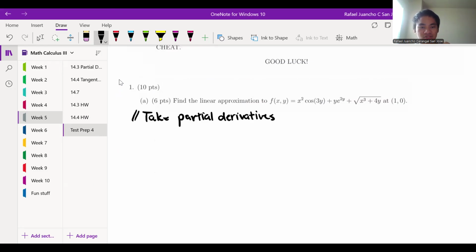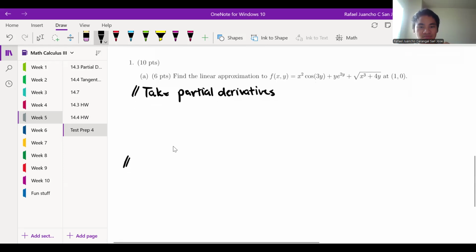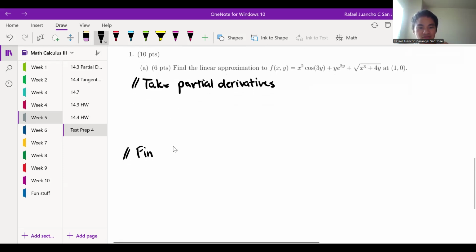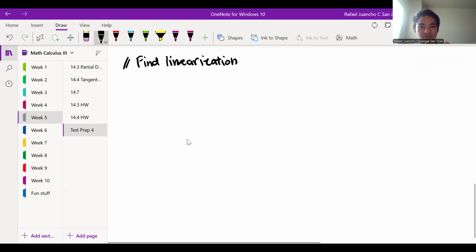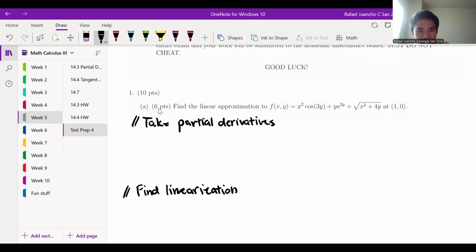And then our next step is to find the linearization. And then lastly, the linear approximation. Right? Okay, so I take partial f of x.